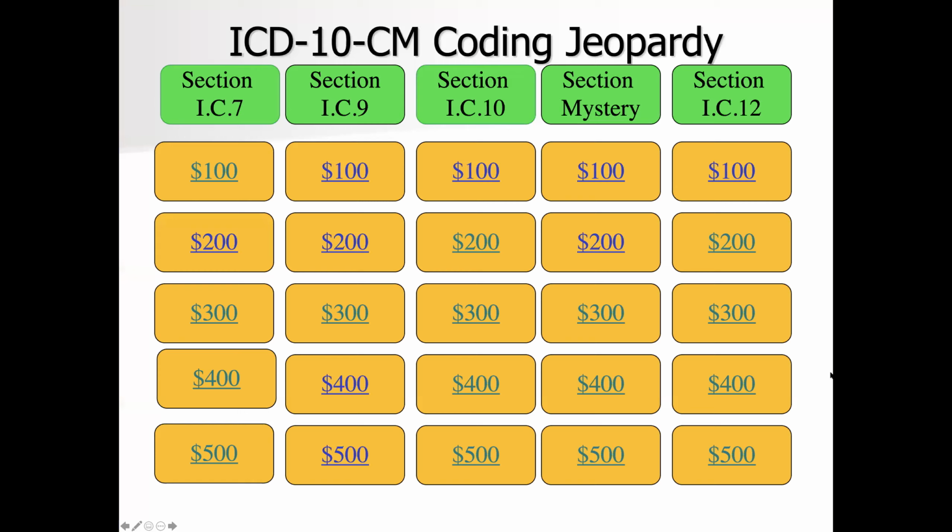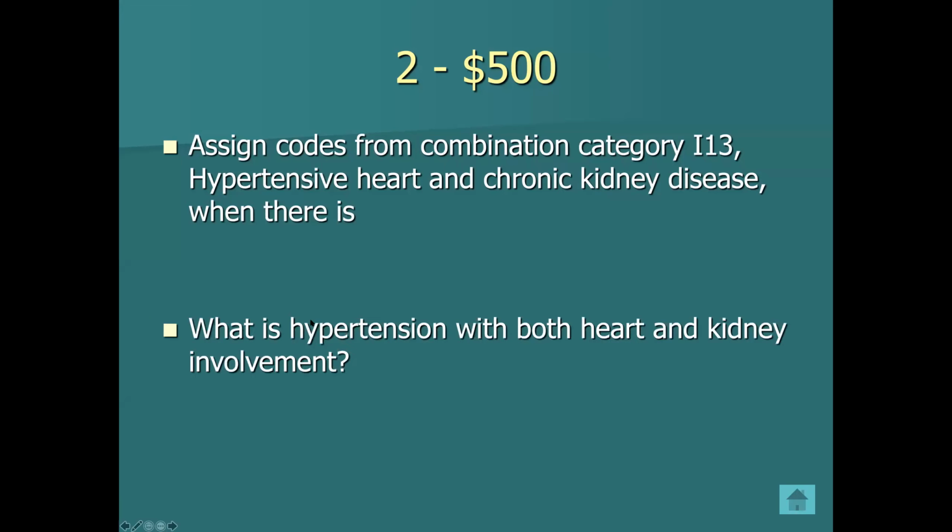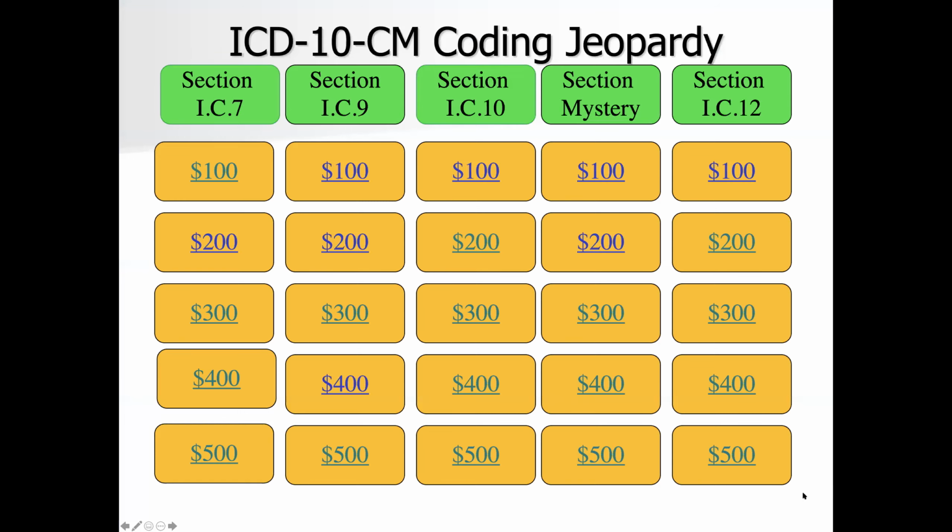Okay, next up. Let's see, where should we go? All right, I know where to go. Assign codes from combination category I13, hypertensive heart and chronic kidney disease, when there is... What is hypertension with both heart and kidney involvement? That is correct. 500 points for Markeisha. All right, next up.